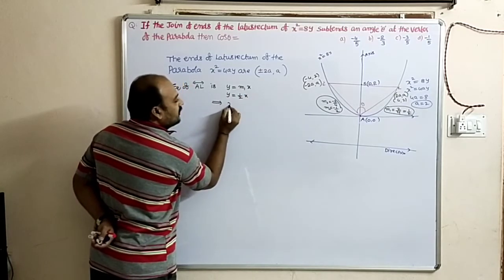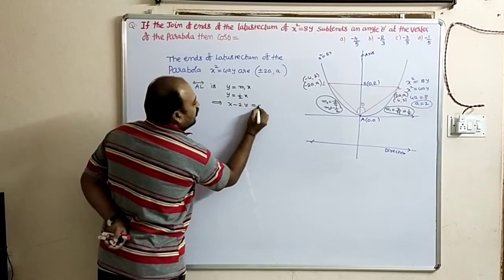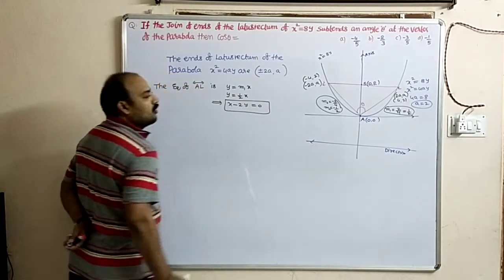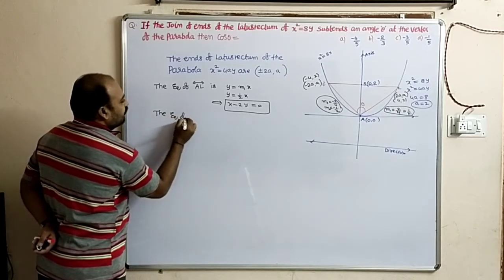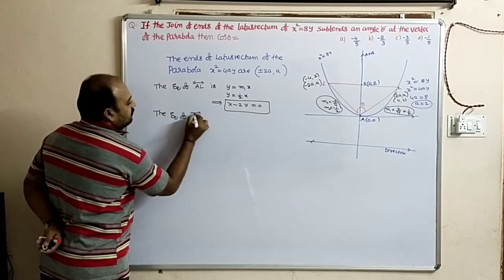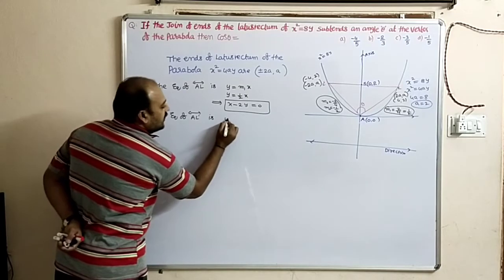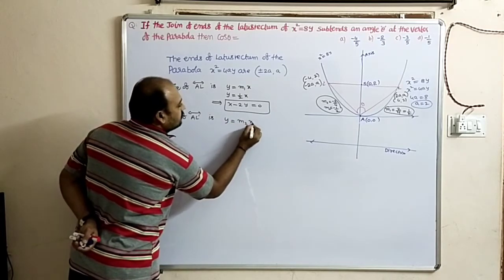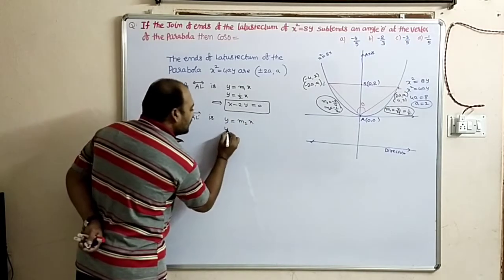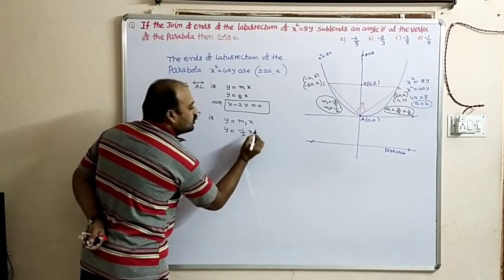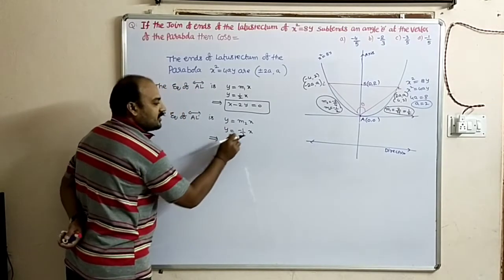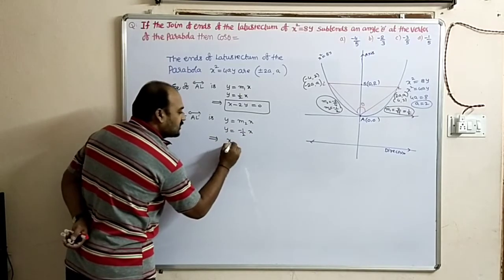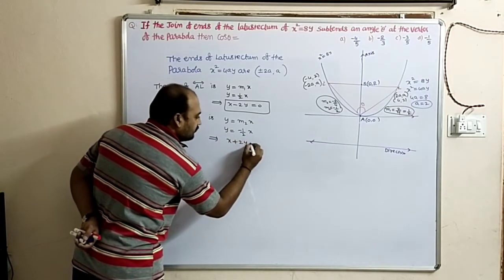Cross multiply: x minus 2y equal to 0. Call that equation number 1. The equation of AL dash is y is equal to m2x, so y is equal to minus 1 by 2 into x. Cross multiply and get 2y minus x, take this side: x plus 2y equal to 0.